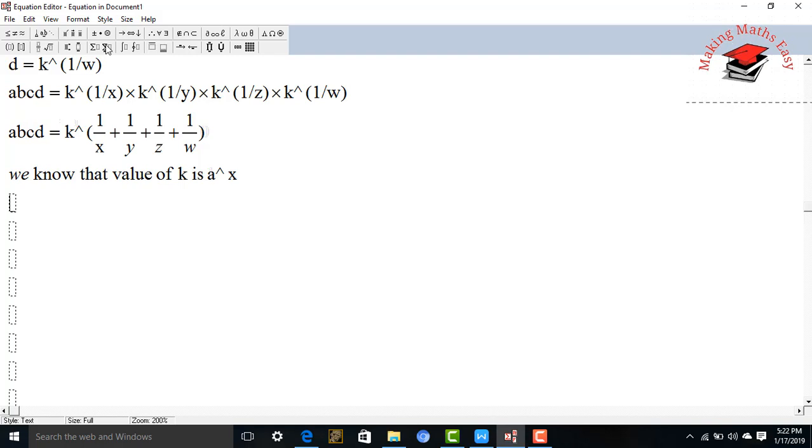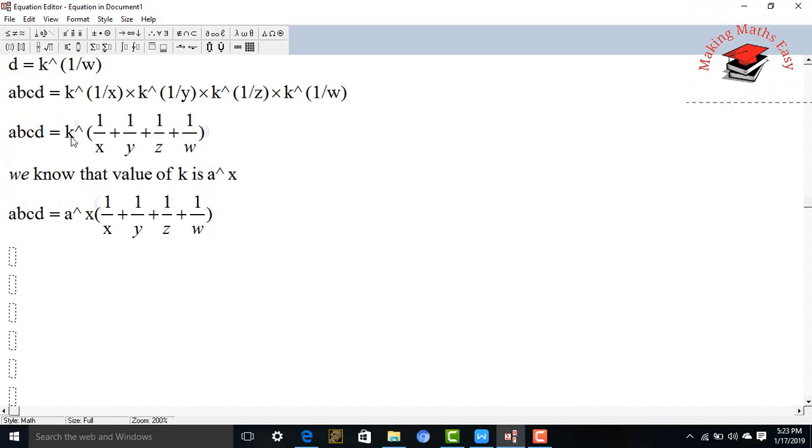So abcd equal to a raised to x multiplied by this.